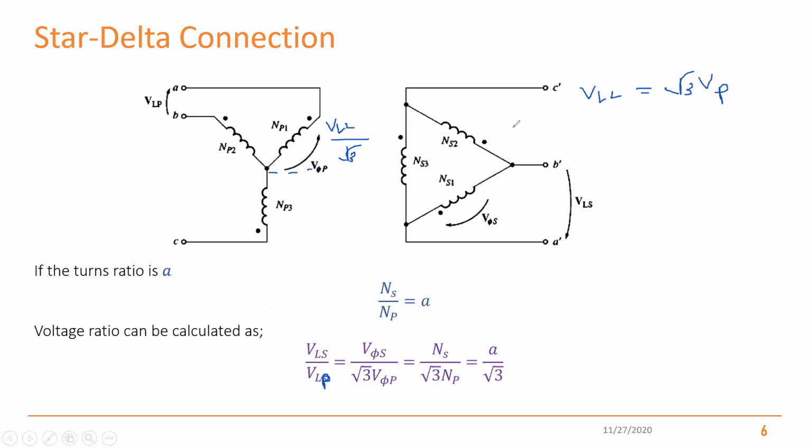If you consider the secondary, now the whole line to line voltage appears across the whole coil, and hence the phase voltage becomes equal to the line voltage. So the secondary phase voltage is the same as the line voltage, whereas for the primary the line voltage is root 3 times the primary phase voltage.